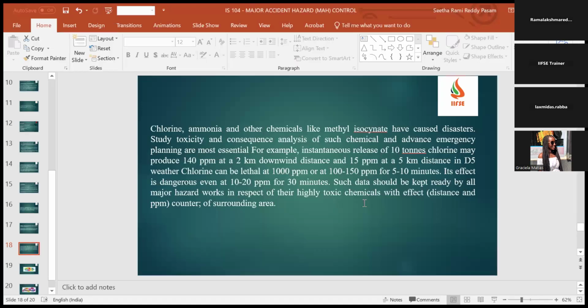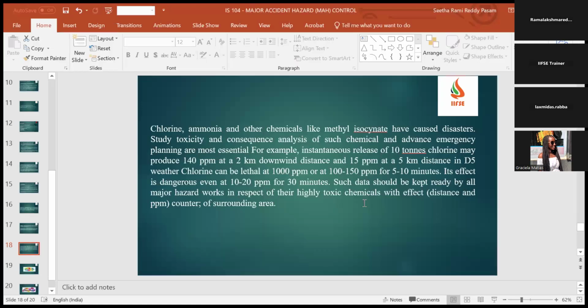Chlorine can be lethal at 1000 ppm, or at 100 to 150 ppm for 5 to 10 minutes, and it is dangerous even at 10 to 20 ppm for 30 minutes. Such data should be kept ready by all the major hazard works in respect of their highly toxic chemicals, with effect distance, ppm, and contour of the surrounding area.